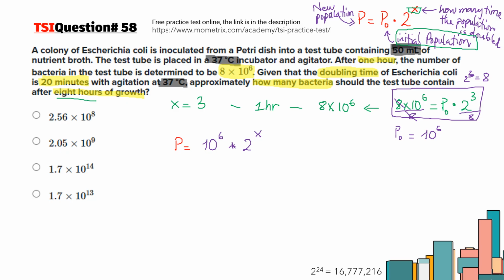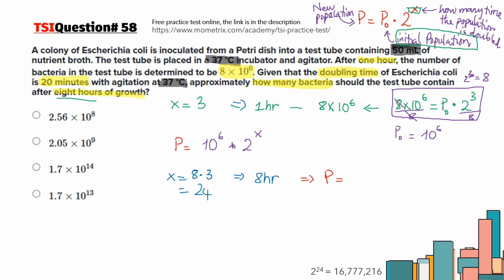Now the question is we have 8 hours of growth. Each hour we have 3 doublings, so 8 hours multiplied by 3 times per hour, x is equal to 24. So x equals 24.